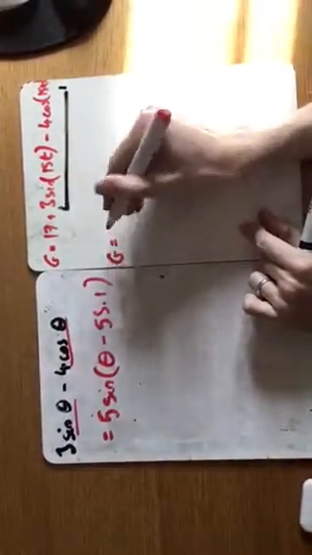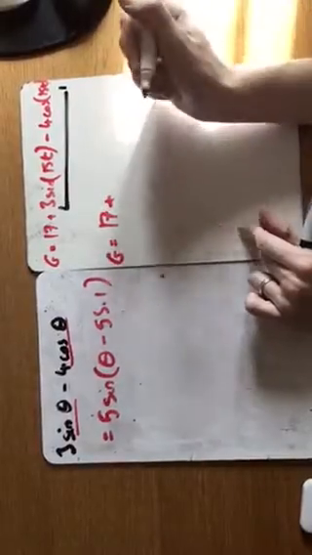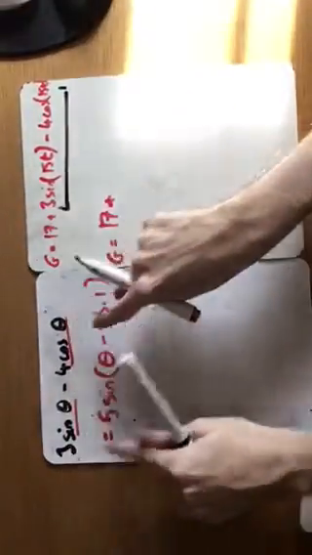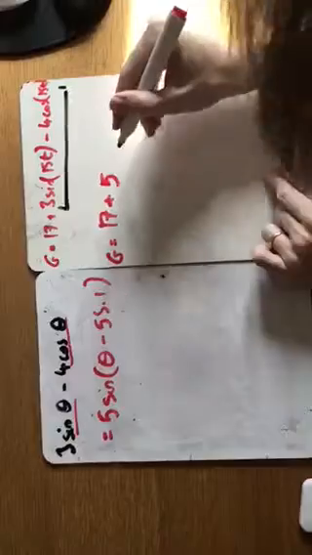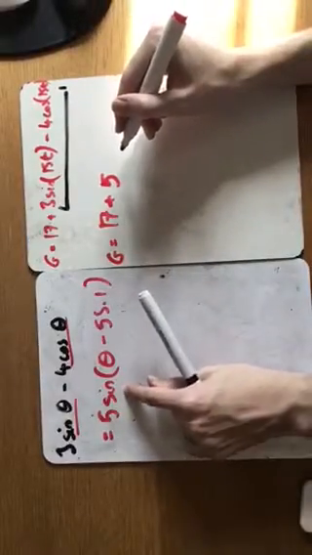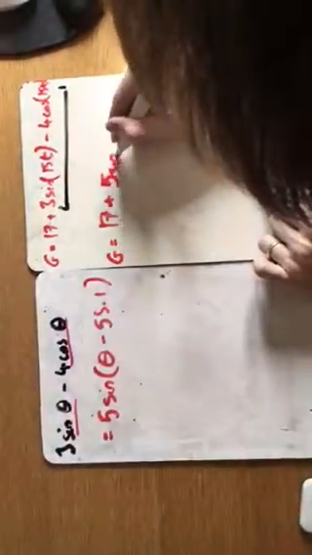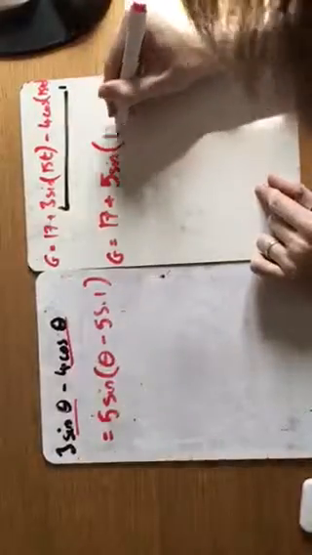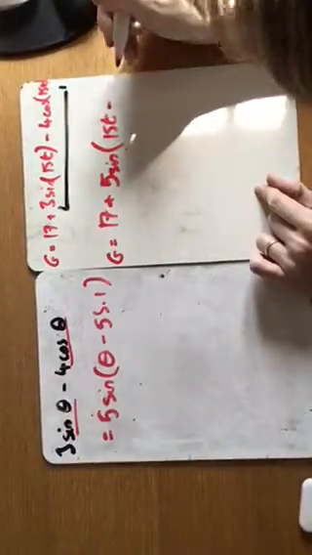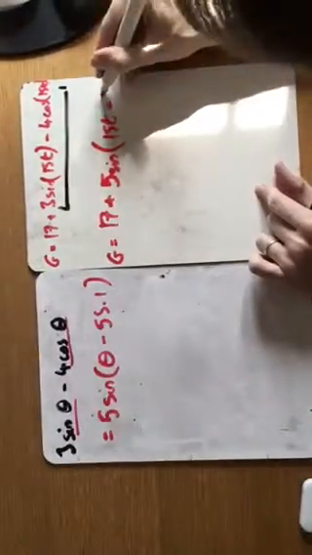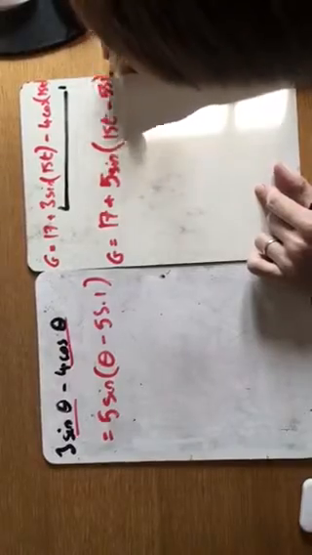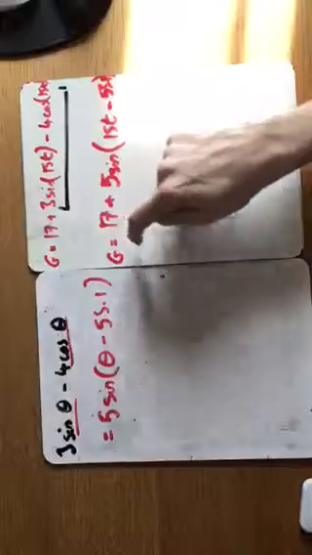And what that means is we can rewrite this function g as being 17 plus exactly the thing we had before, but written with the new part that we've just done in part A. So 5 sine, now instead of theta I'm using 15t minus 53.1 degrees. And that's just another way of writing this first bit here.